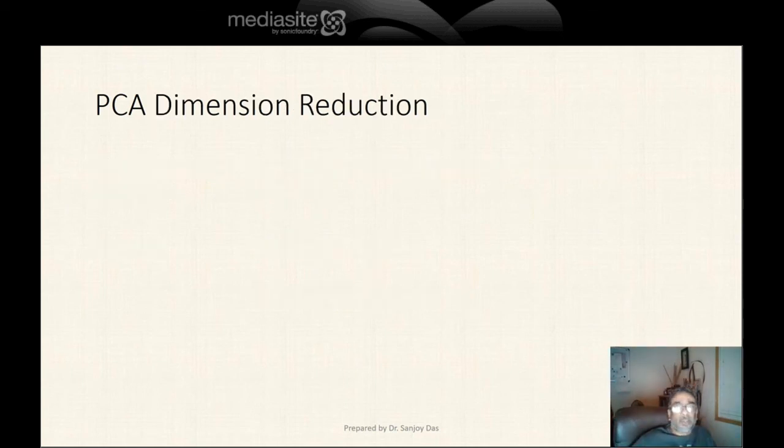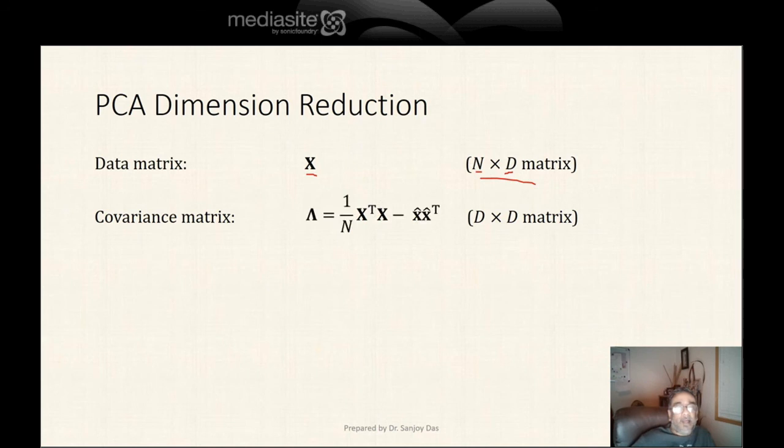So these are the steps in PCA dimension reduction. What's given is the data matrix, which is an n by d matrix, and d is the number of dimensions, which is typically high, and n is the number of samples. The covariance matrix computation is the first step of PCA.